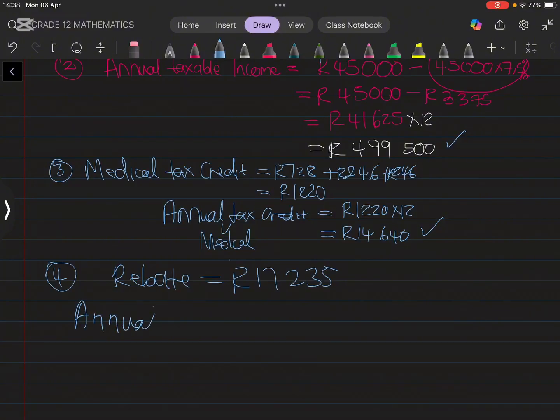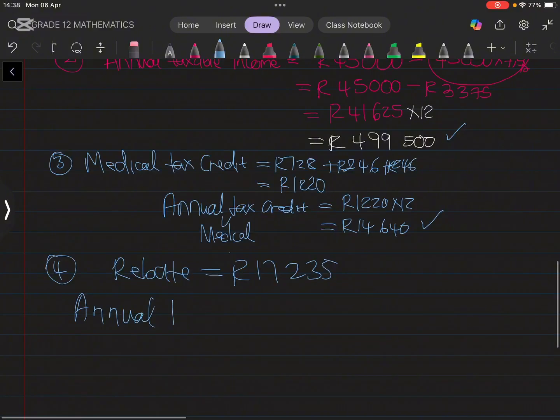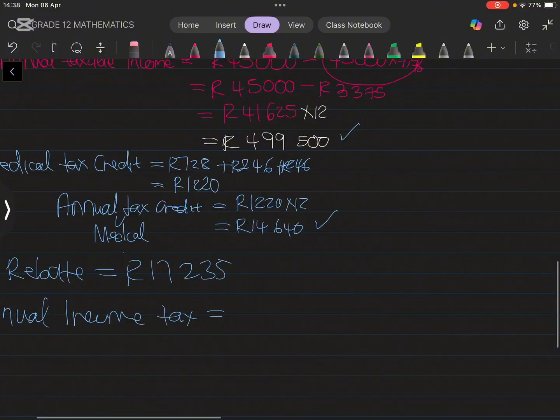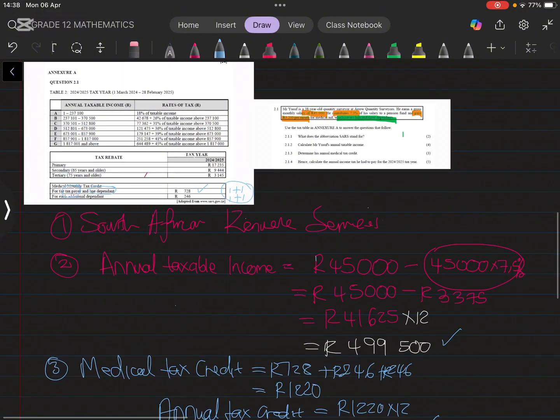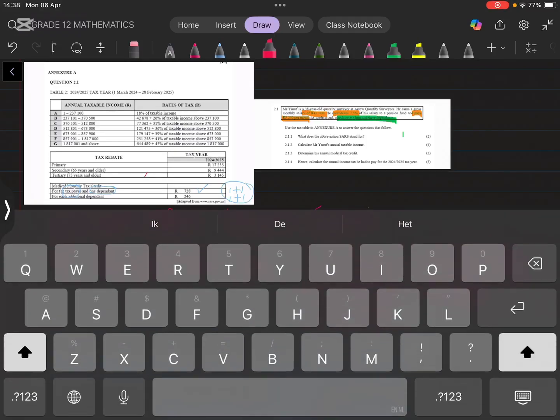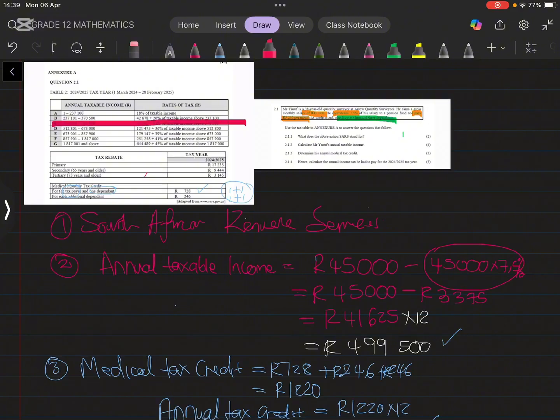So now to get his annual income tax, we're going to apply the bracket. Check in which bracket does 499,500 fall. Let's highlight it. It is in bracket C.